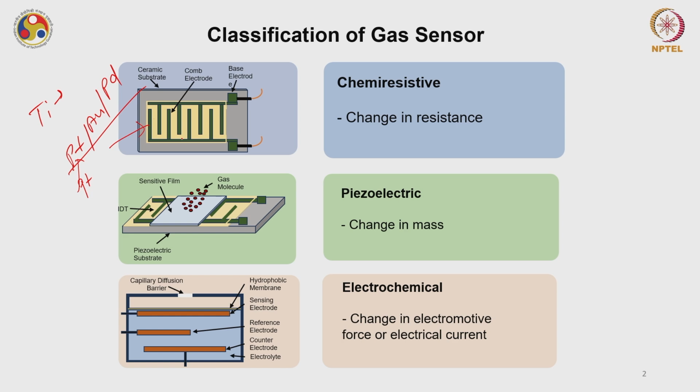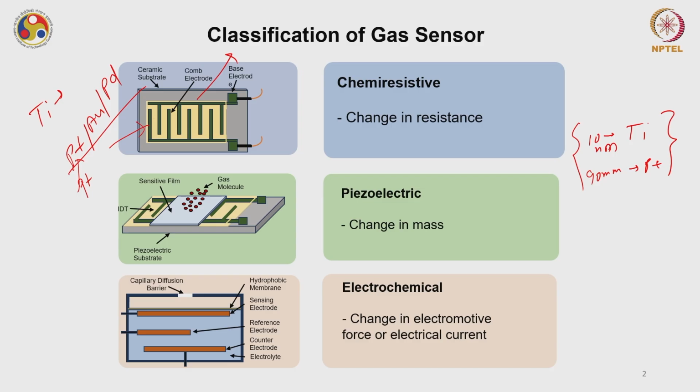Usually this comb structure is deposited as, say, 10 nanometer thickness of titanium, and on top of that, say 90 nanometer of platinum. This configuration is used in the practical sense for these IDEs, interdigitated electrodes, for gas sensing application.